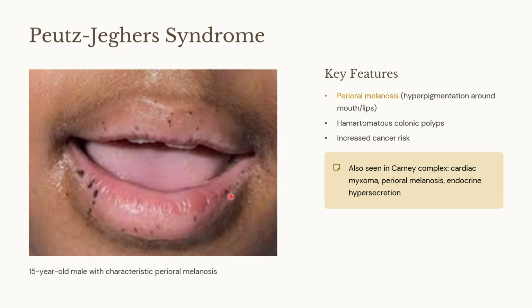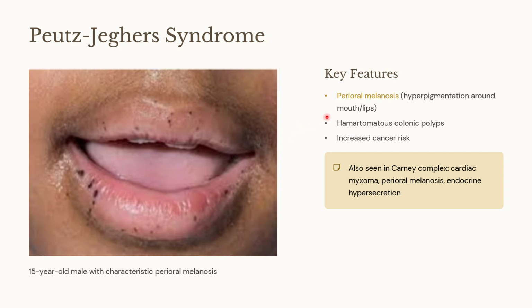Is it benign or malignant? Hamartoma means the tissue produced as a growth is the tissue inherent to that structure, but it has a disorganized growth, resulting in a hamartoma or nodular pattern. Even though it is benign right now, Peutz-Jeghers syndrome has an increased cancer risk.